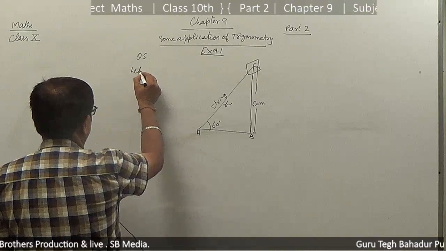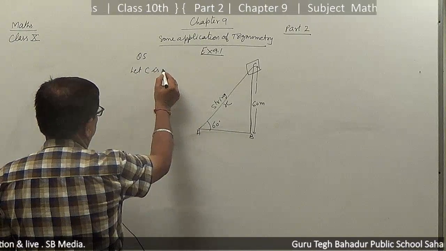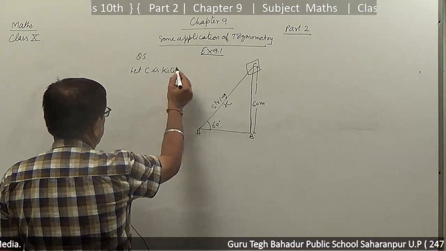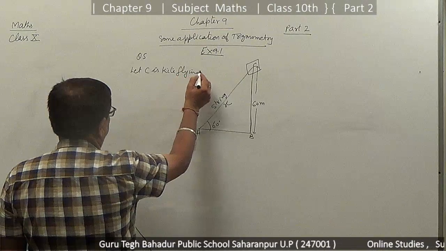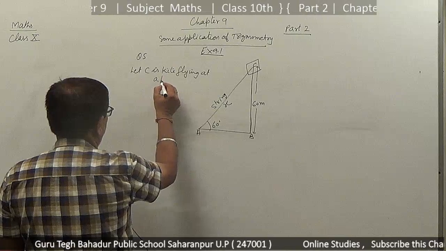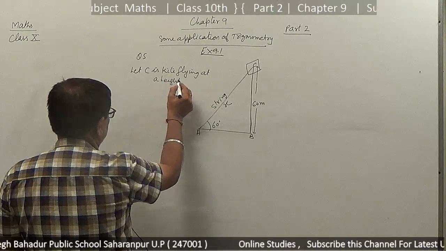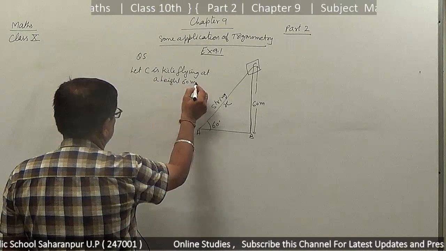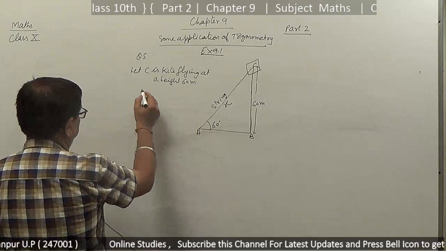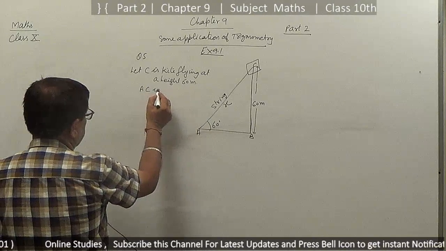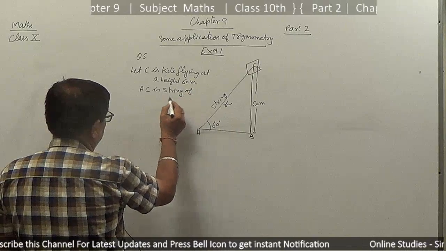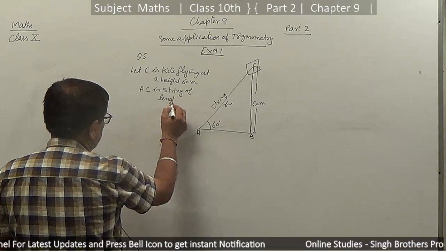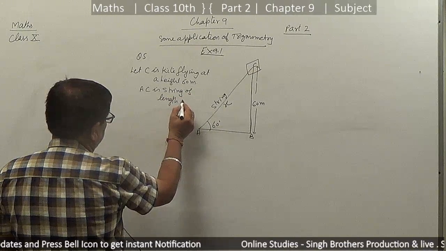Let C be a kite flying at a height of 60 meter. AC is the string of length x meter.